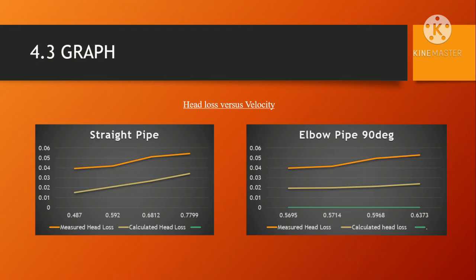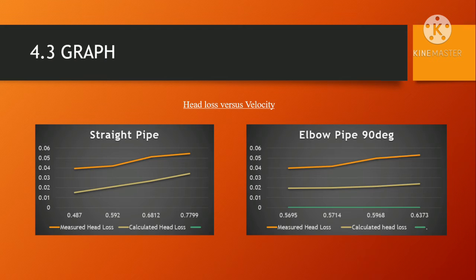The first one is the head loss versus velocity. We can see the left side is the straight pipe graph. For this graph, the x-axis is the head loss and the y-axis is velocity.